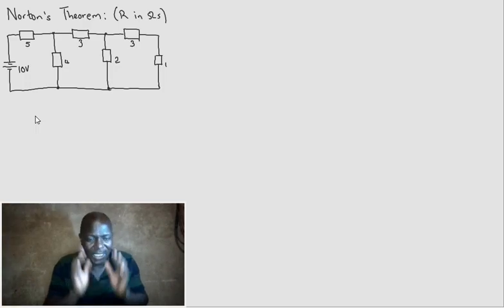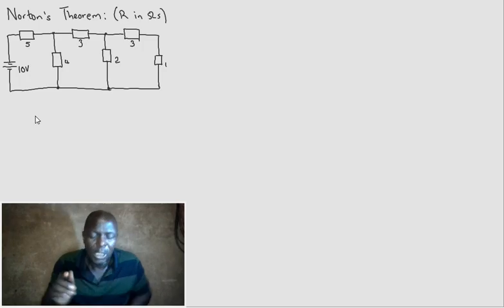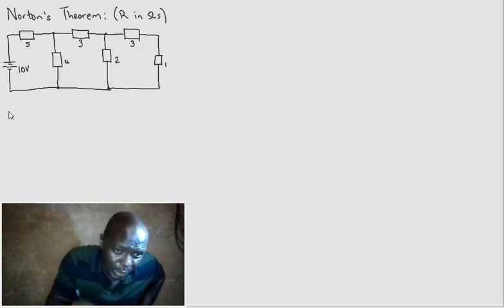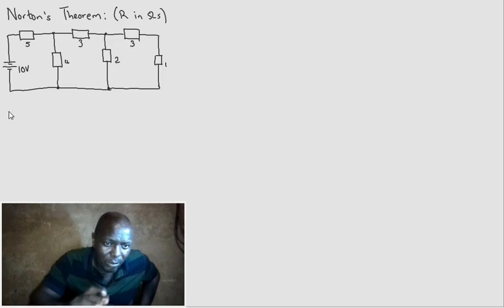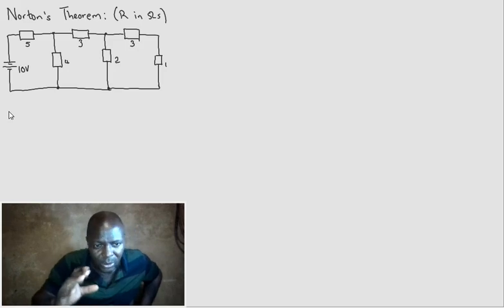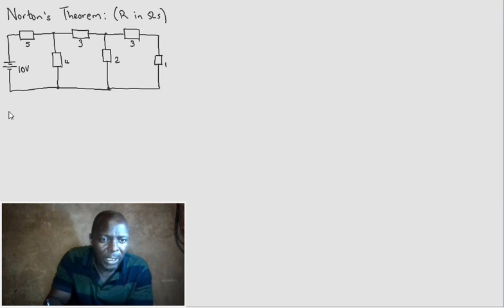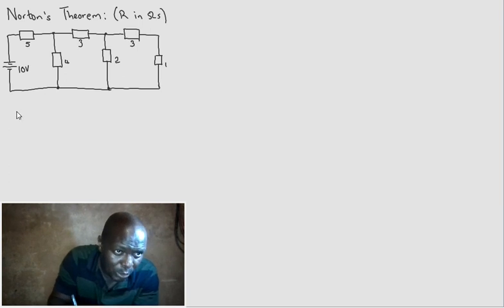Into a current source and a resistance at that point. Whereas Thevenin dealt with a voltage source or an EMF with the Thevenin resistance, Norton deals with the current source and Norton's resistance.